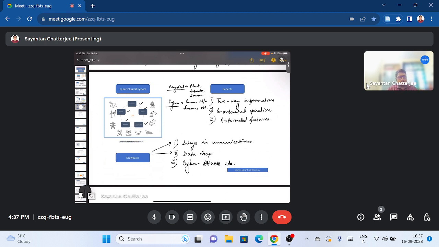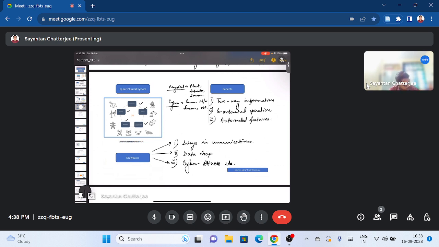So if we coordinate those systems in the present system, the information delay can take place in the present day scenario. And to aid in such a context, these delays in communication, data drop, and cyber attacks, these threats should be properly maintained in the present smart grid scenario.